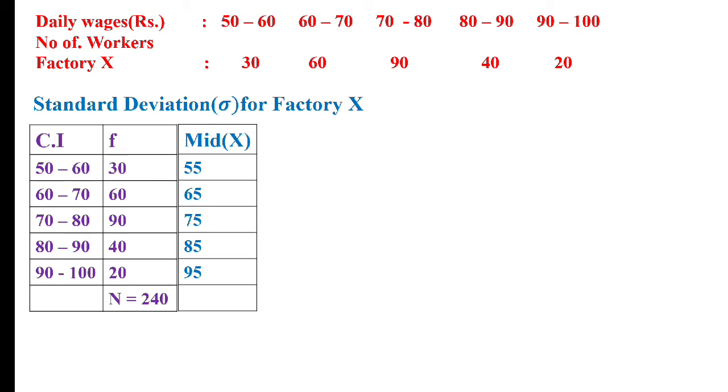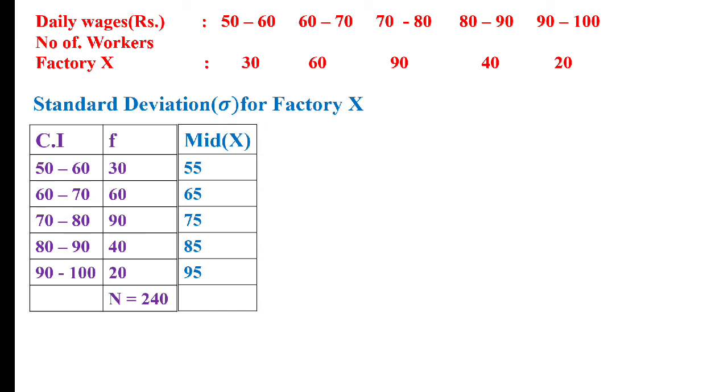Midpoint is lower limit plus upper limit divided by 2. So 50 plus 60 divided by 2 is 55, 60 plus 70 divided by 2 is 65, 70 plus 80 divided by 2 is 75, 80 plus 90 divided by 2 is 85, 90 plus 100 divided by 2 is 95. In this way we can find it.